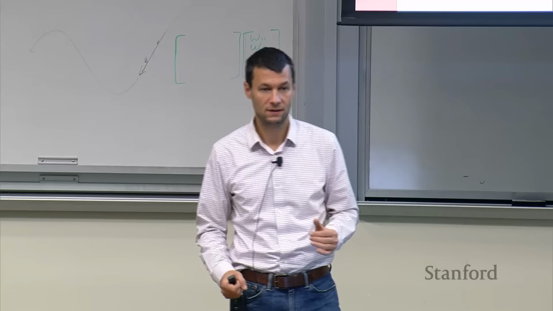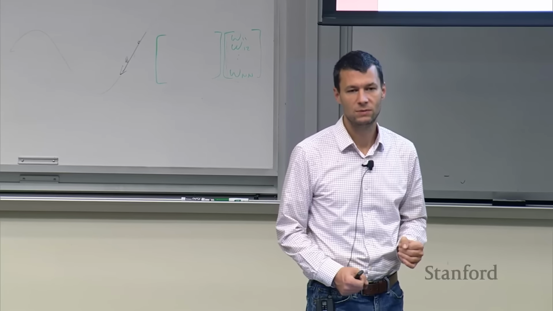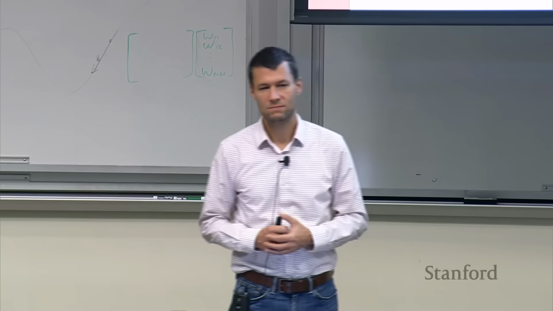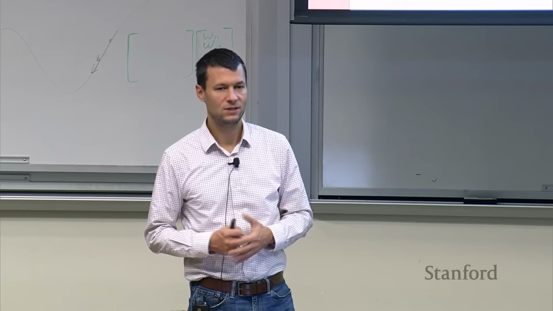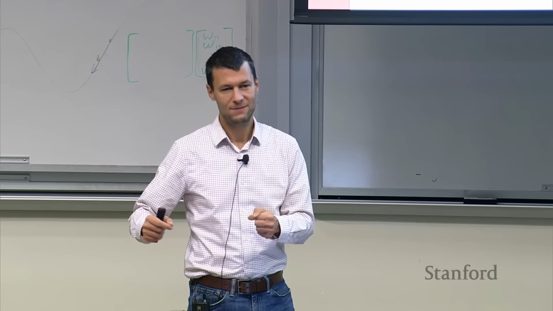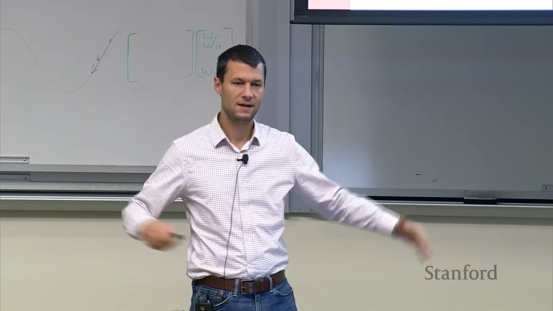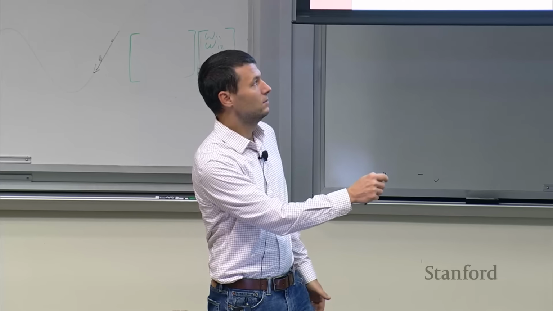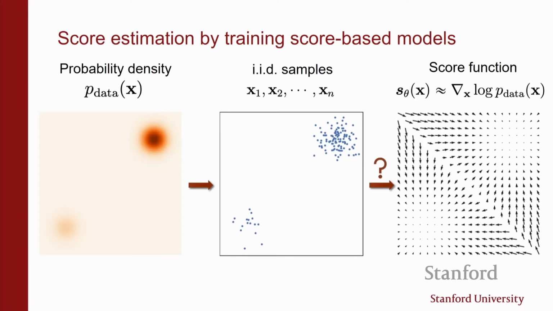If you're fitting a model over a training set of images, you don't just want to put probability mass around the images that you have in the training set. You want to spread it out, and you need to be able to say, there are other parts of the space where I need to put probability mass, even though I have not seen them during training. And so we have a similar problem.